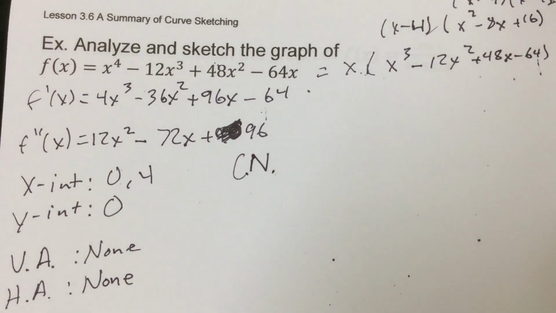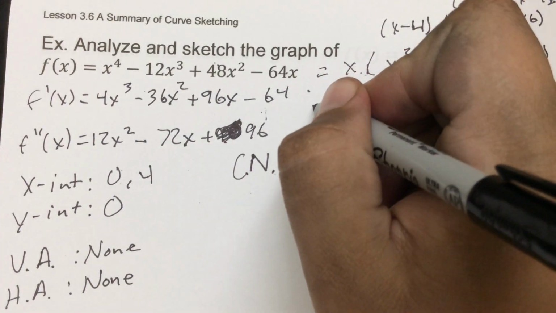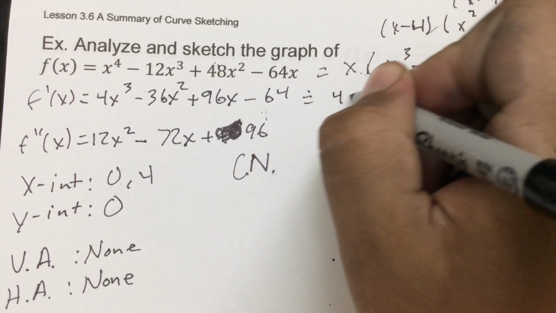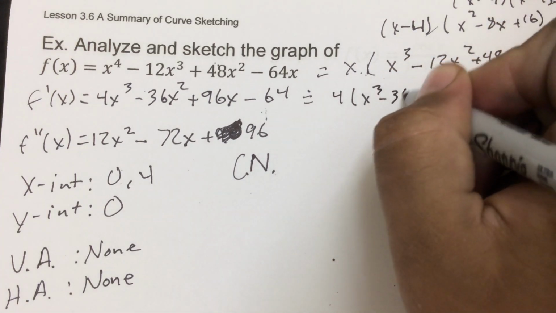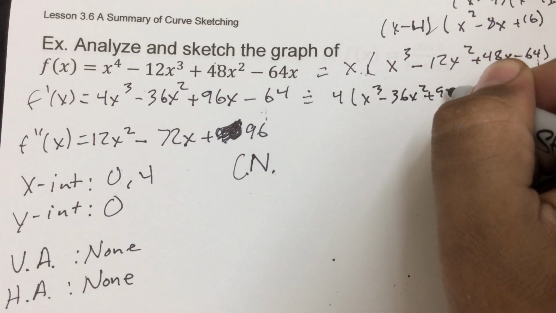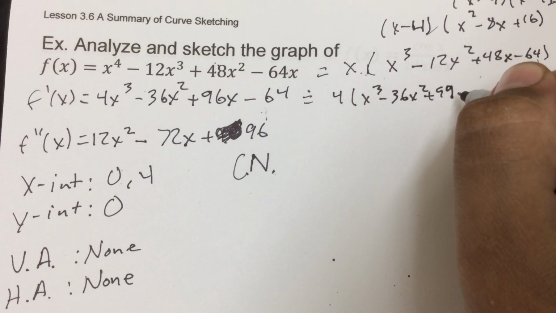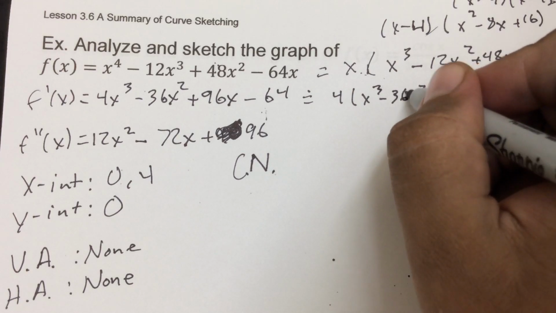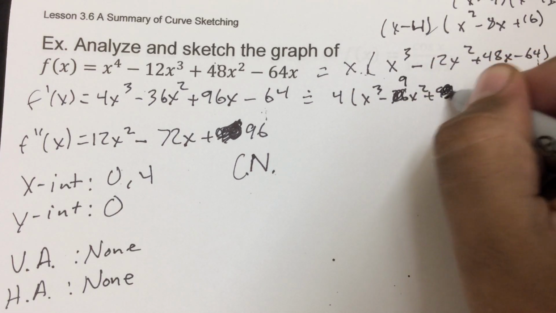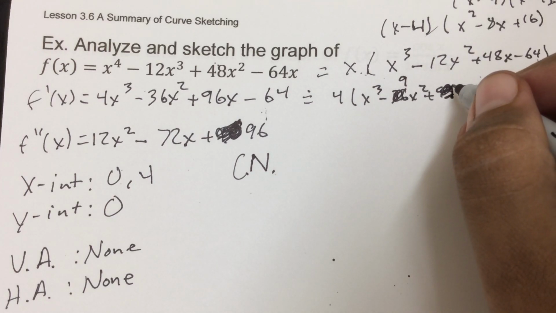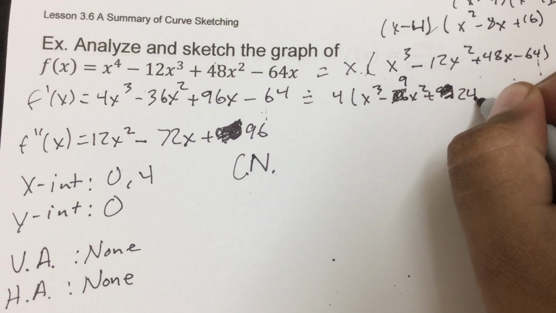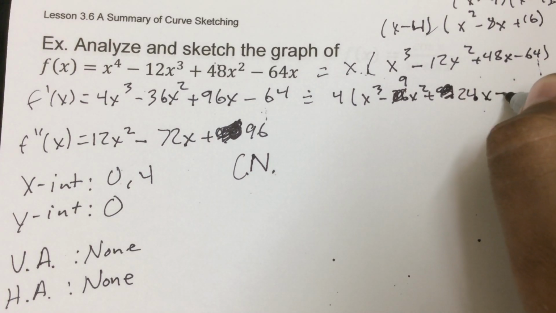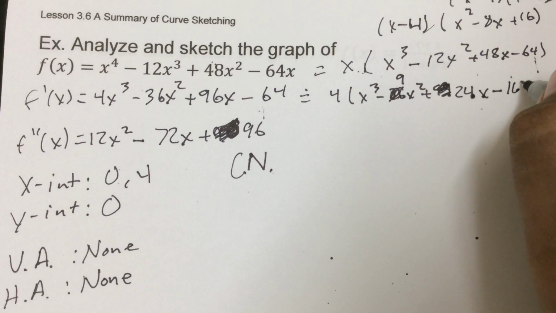Critical numbers, well, same thing here. If we set this equal to 0, we could pull a 4 out and have x to the third minus 9x squared plus 24x minus 16.